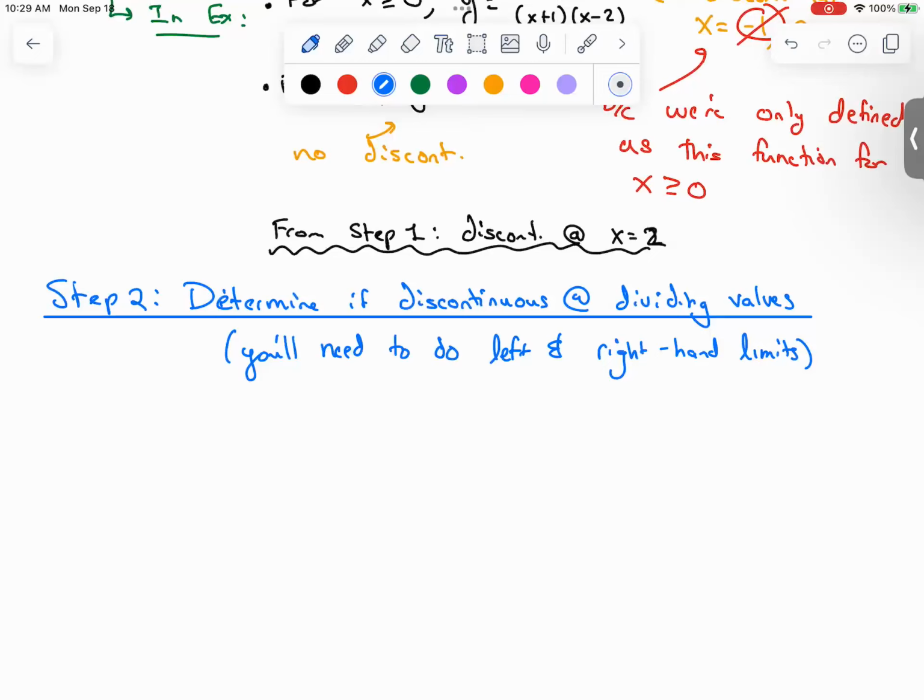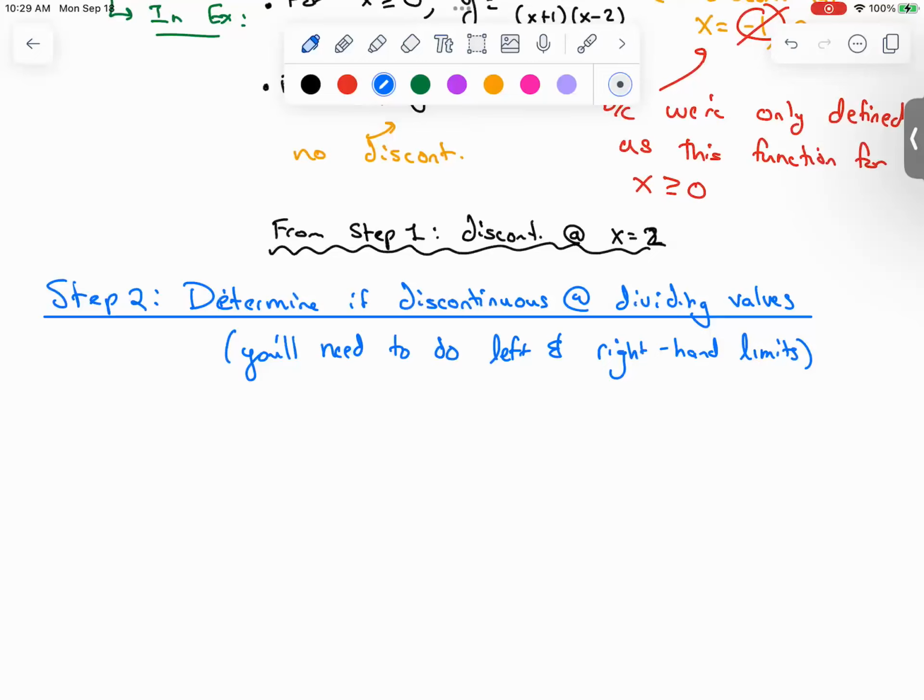So we're going to check the limit, but that's not enough. We remember from section 1.3 that when it comes to piecewise functions, if you're talking about a dividing value, on one side of that it'll be one function, on the other side it'll be a different function.